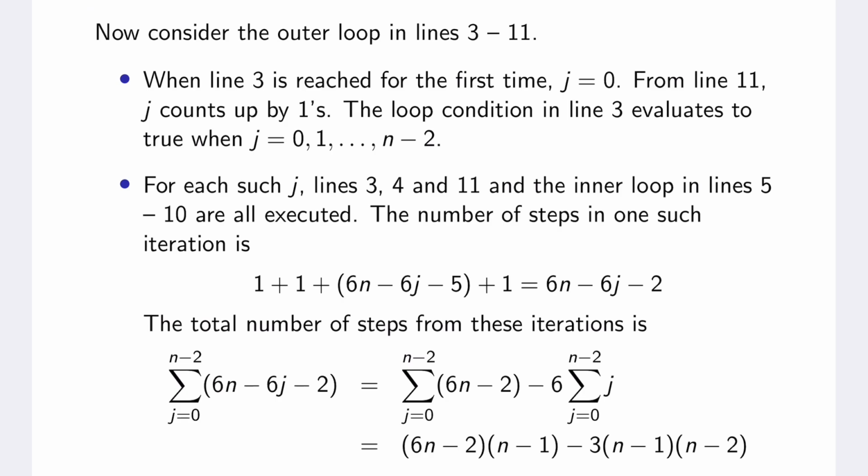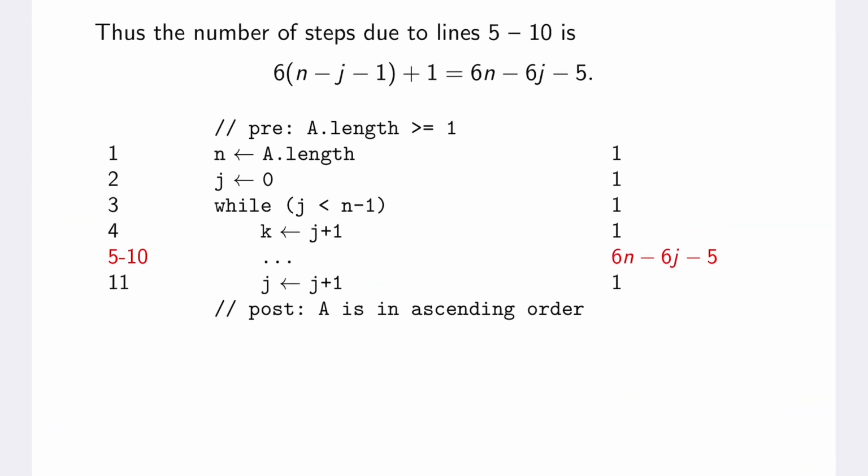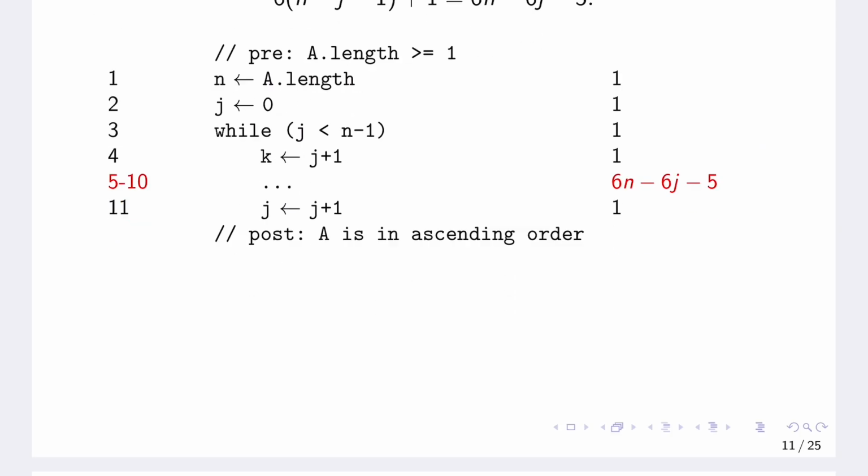So we analyze the outer loop now. It increments pretty simply, just goes up by ones, starts at 0. We add up the number of steps that take place inside of the loop, and it's like 1 plus 1 plus 1 plus the number of steps that take place in the inner loop.